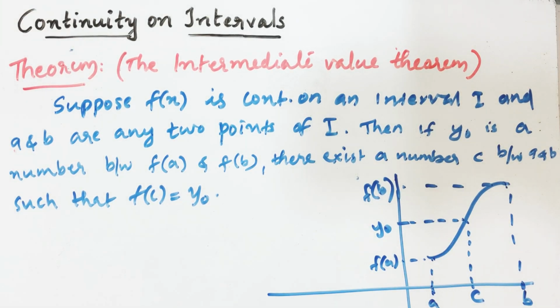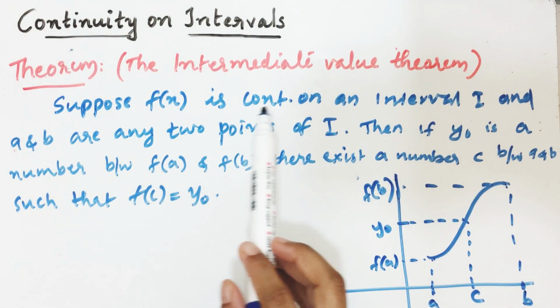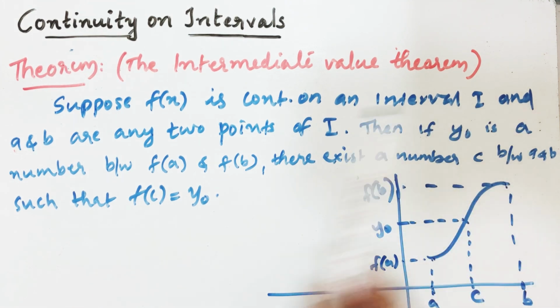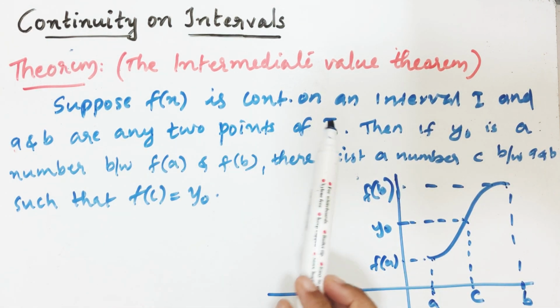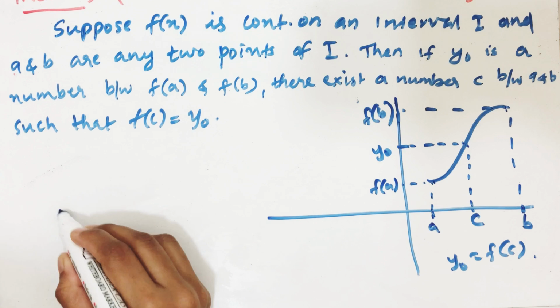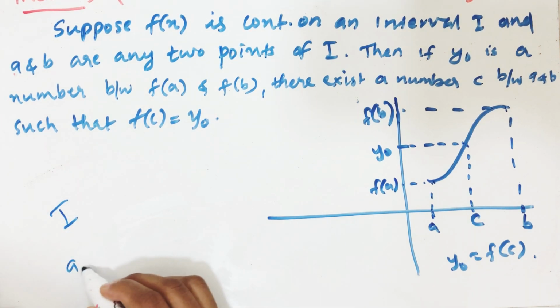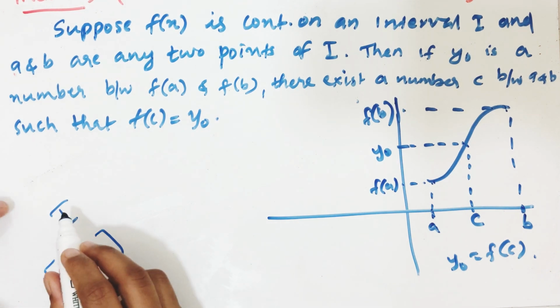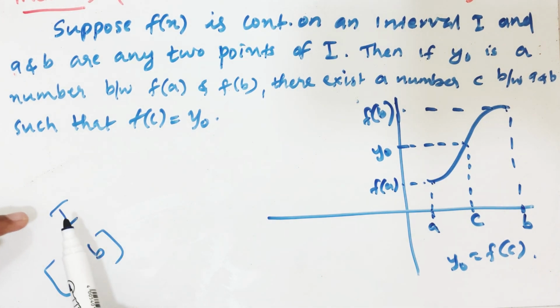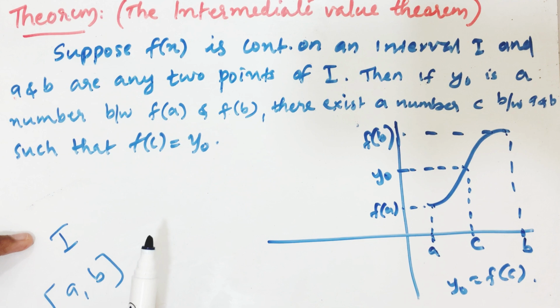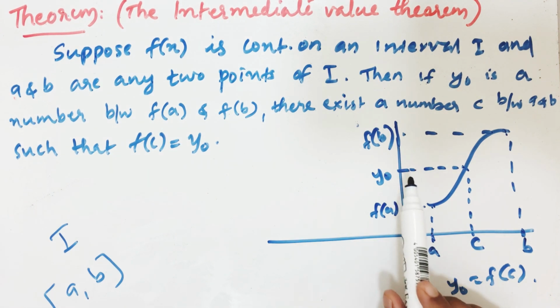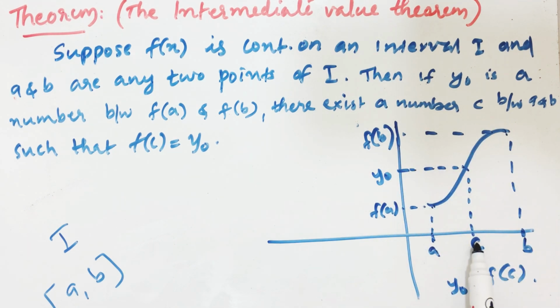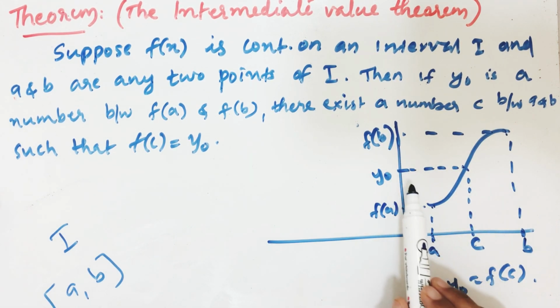We can write the theorem as: suppose f of x is continuous on an interval I, and a and b are any two points of I. I is any interval, and a and b are any two points of I, that is, [a, b] is contained in I. f is continuous on all of I. Then if y0 is a number between f of a and f of b, there exists a number c between a and b such that f of c is equal to y0.